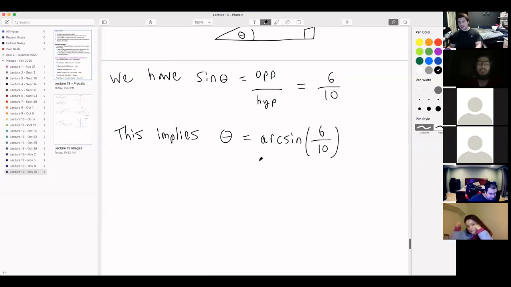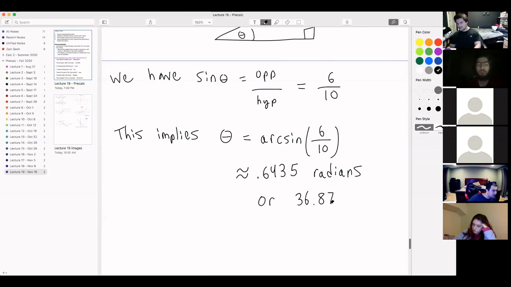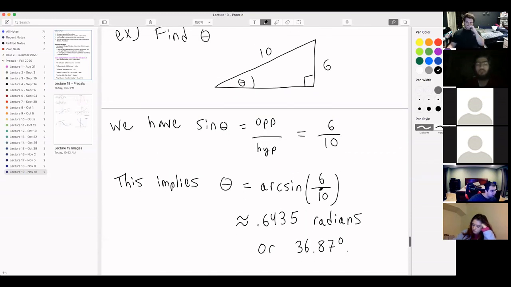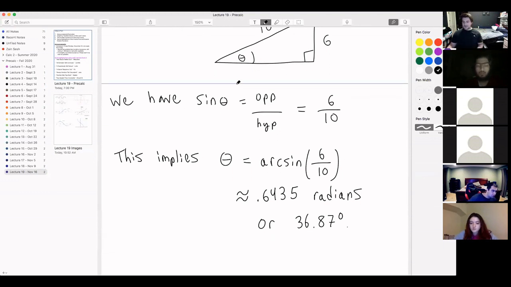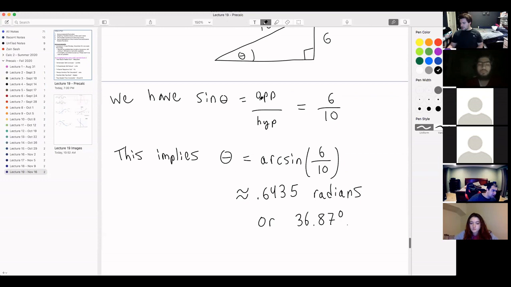So you would just go to a calculator at this point and you would see that this is approximately 0.6435 radians, or approximately 36.87 degrees. And that would be the measurement of this angle theta. All right, so that's kind of nice. That's all I would ask you for this type of question. You can definitely use a calculator.